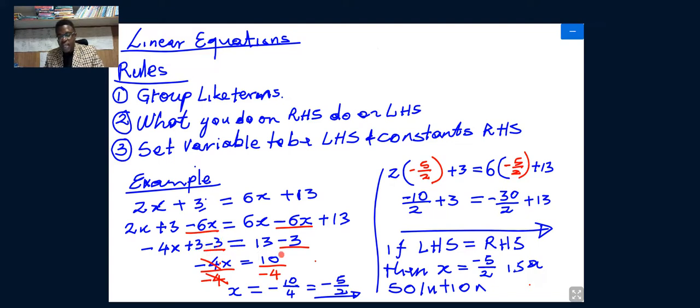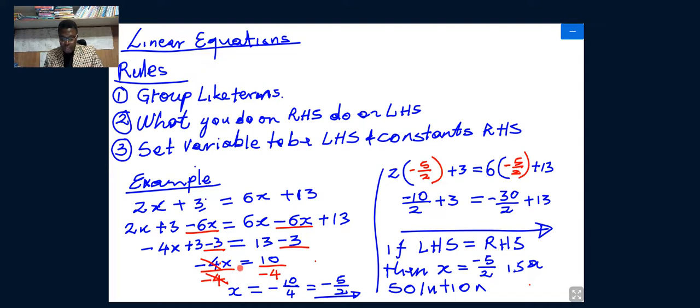Also on the right hand side, I will subtract 3 from 13. Why? What I did on the left hand side, I must do on the right hand side. That is how it goes. And then we proceed. We end up with negative 4x equal to 10.